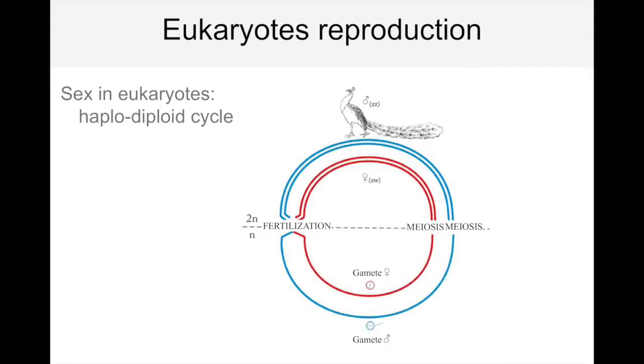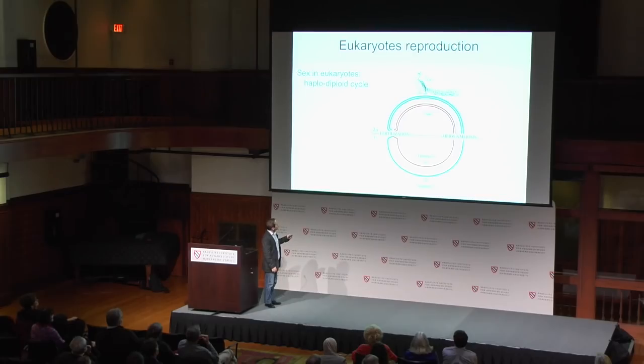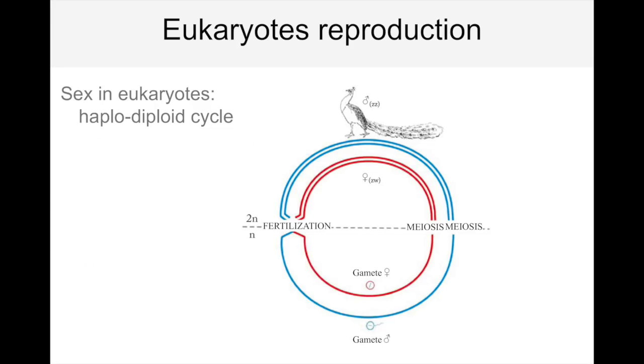So that's the typical life cycle of a eukaryote. That's how sex works in eukaryotes. You've got two events, meiosis and fertilization. Those are the two key events that you find in all eukaryotic life cycles. They separate the life cycle into two parts, the haploid phase and the diploid phase.